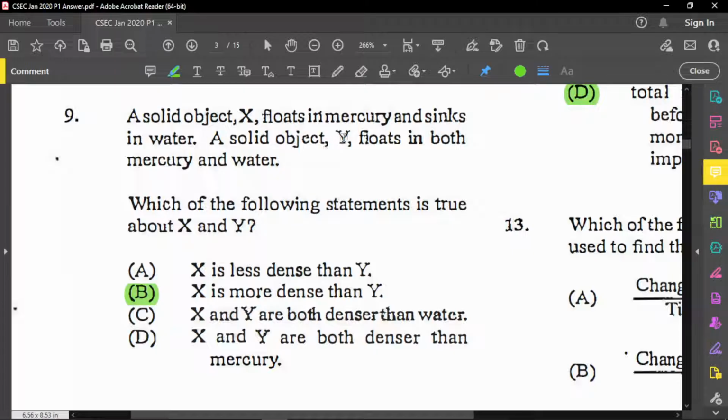So if Y floats in both, then definitely Y must be less dense than X. That is why B is the answer: X is more dense than Y, or the statement could have been Y is less dense than X. So B is the most appropriate answer in this case.